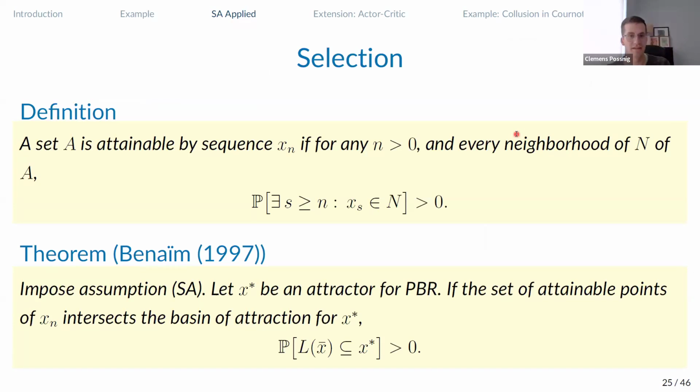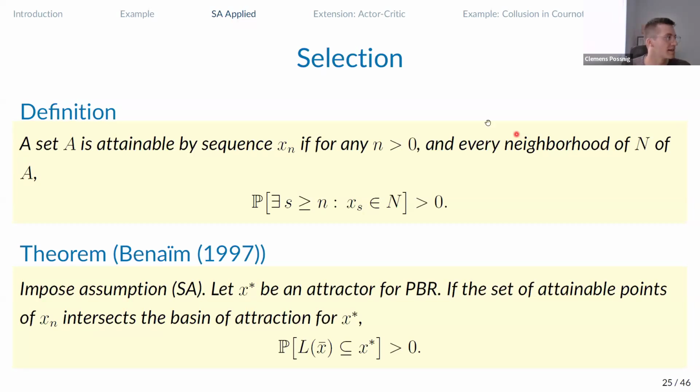Once we've defined the invariant sets that can be learned by the algorithm, we're still not done, because this stochastic process might, with probability zero, reach only some of these potential outcomes. So here's one result about attractors, which is unsurprising.